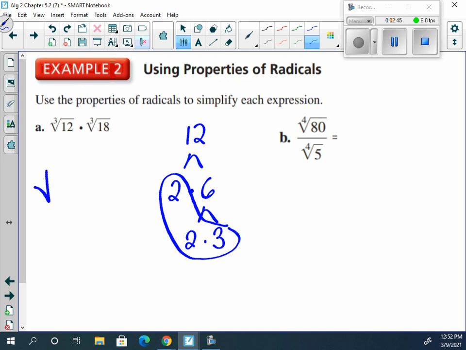So I could rewrite the cubed root of 12 as the cubed root of 2 squared times 3. Again, we want to rewrite this so I can see the perfect cubes, or the perfect nth roots, so they'll match up. And here we're looking for cubes. Any questions on this so far?